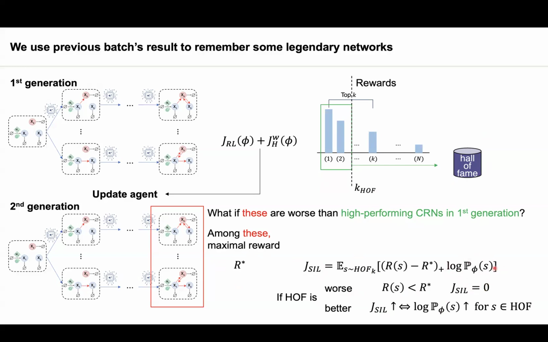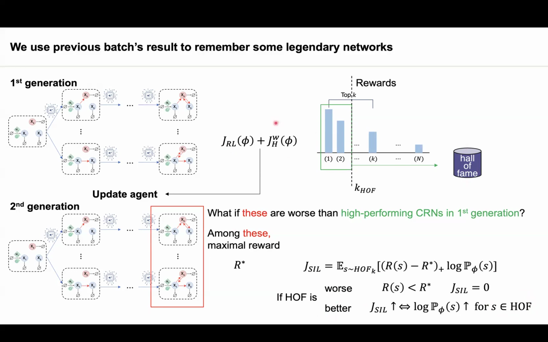And this probability is the probability of sampling this member of the Hall of Fame. So it means that if the member of the Hall of Fame is better than the second generation, we will increase the probability of choosing them.